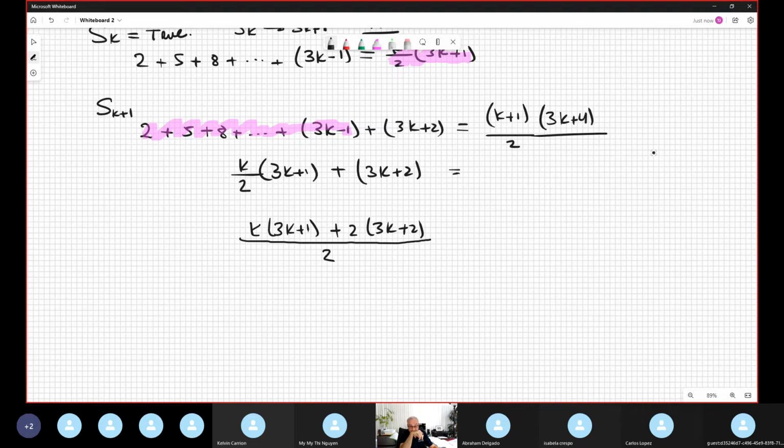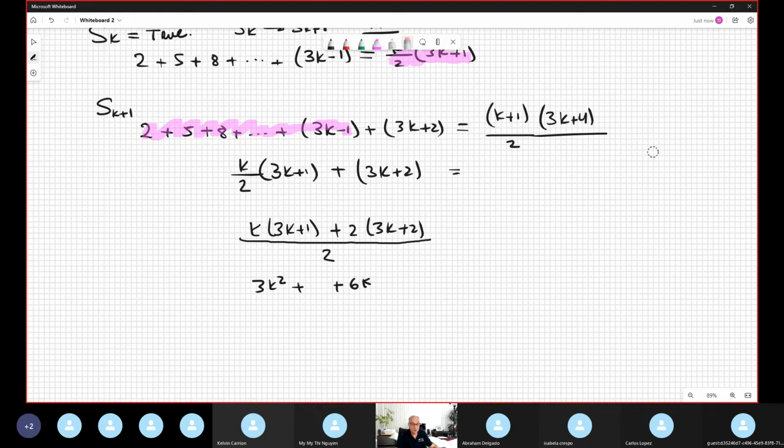Okay, now, what should I do? Well, then I distribute the property, maybe, no? It's 3k squared plus 3k plus 6k. No, I make a mistake here.